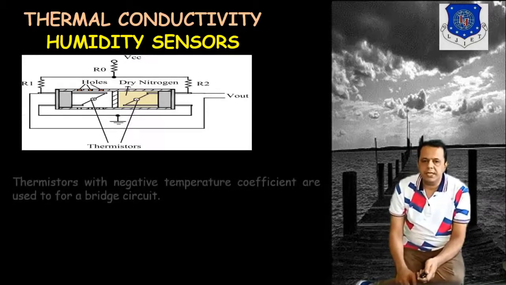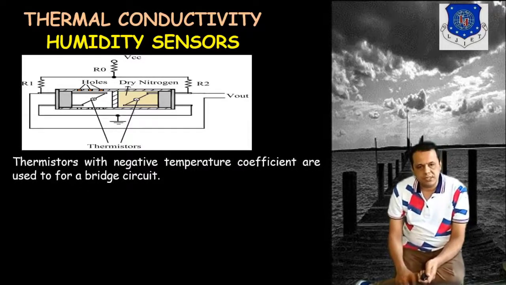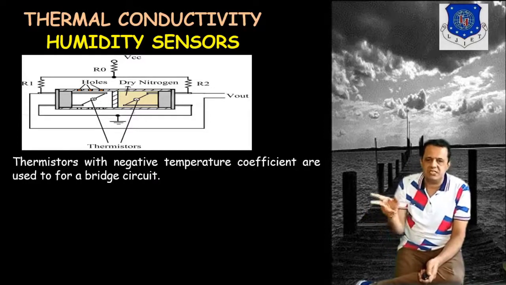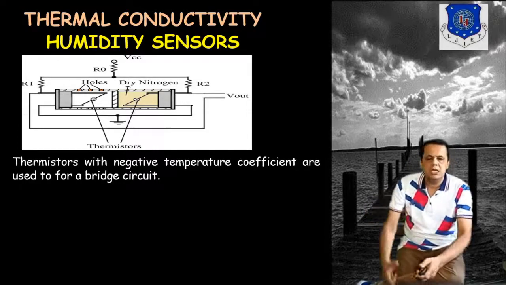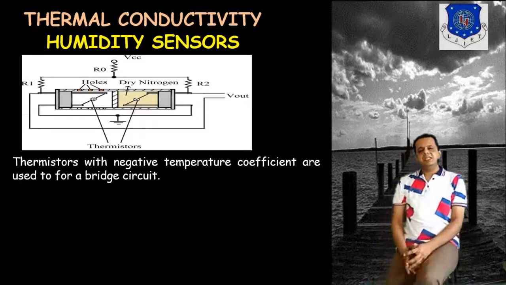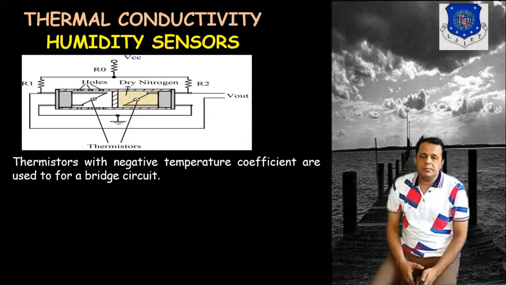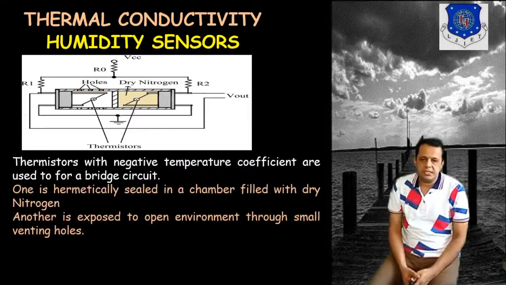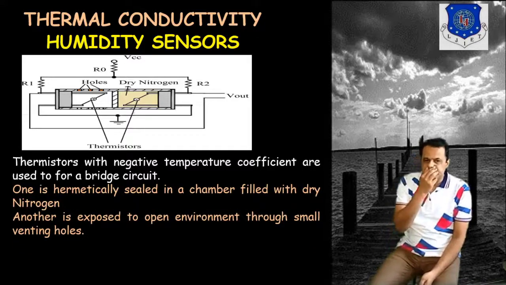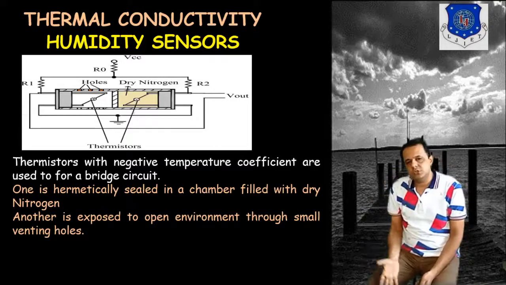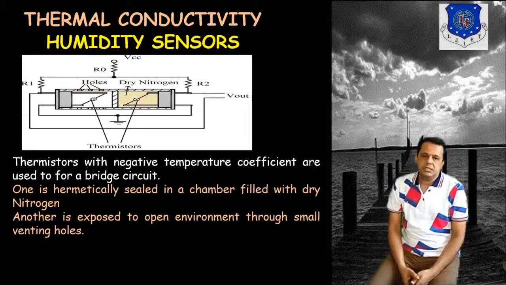Once again you see here a thermistor with negative temperature coefficient. Obviously a thermistor will be NTC or PTC, but most popularly we use the NTC type of thermistor. As I said, it is part of the circuit. The one is sealed in a chamber filled with dry nitrogen, and another is exposed to the open environment.